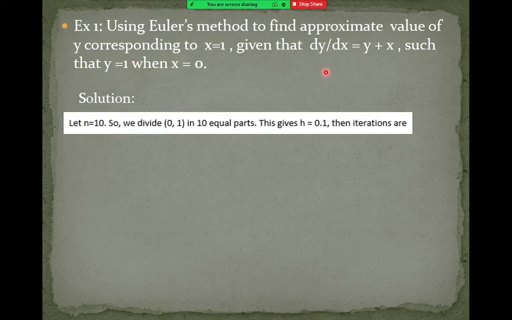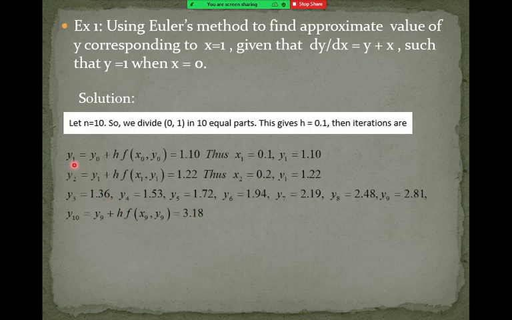So what is f of x0, y0? First tell me what is f of x, y? Sir, y plus x. Yes, y plus x is f of x, y. So what is the value of f of x0, y0? So 1, correct, because it is 1 plus 0. So that way you will get the iterations now. See here, y1 is y0 plus h f of x0, y0. y0 is itself 1.